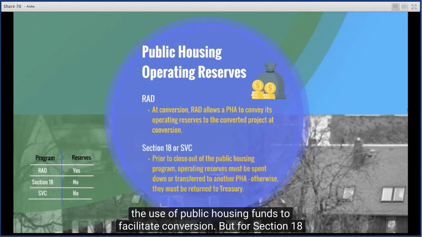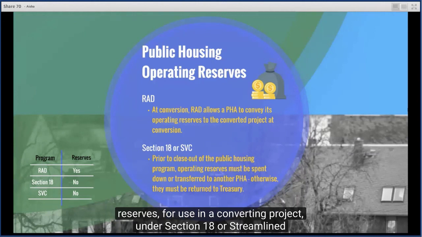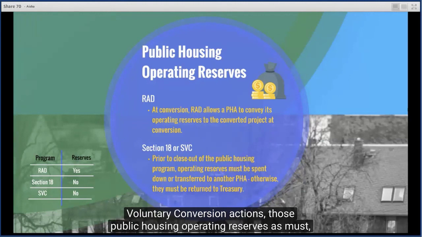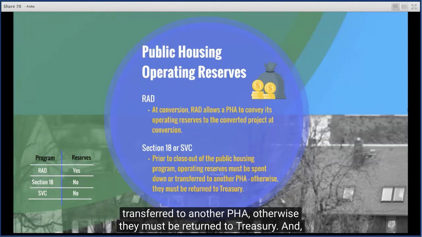But for Section 18 or Streamlined Voluntary Conversion, a PHA cannot use its public housing reserves for use in a converting project. Under Section 18 or Streamlined Voluntary Conversion actions, those public housing operating reserves must, prior to closeout of the public housing program, either be spent down or transferred to another PHA, otherwise they must be returned to Treasury.